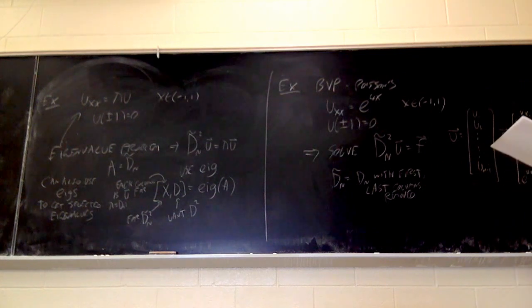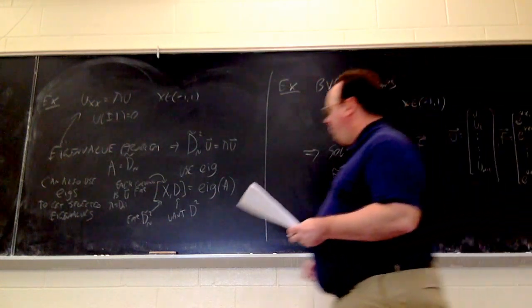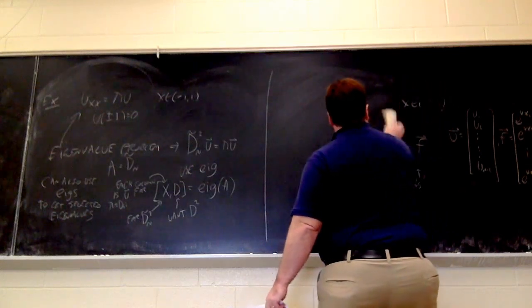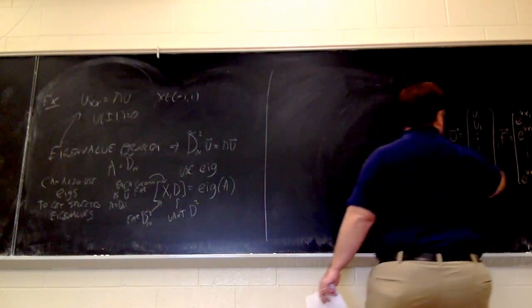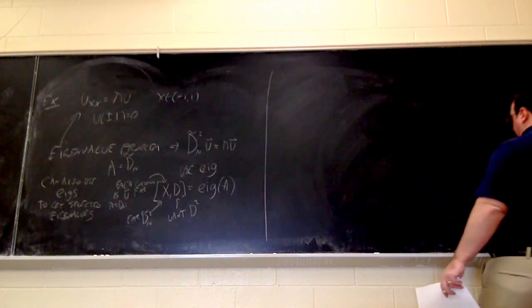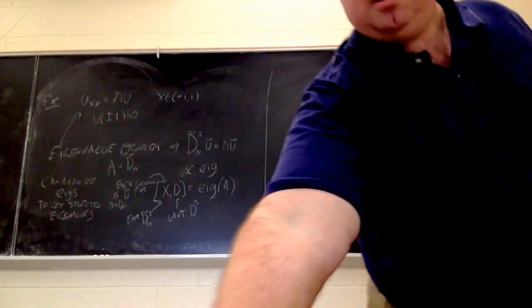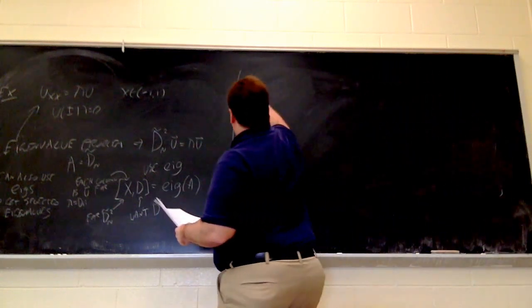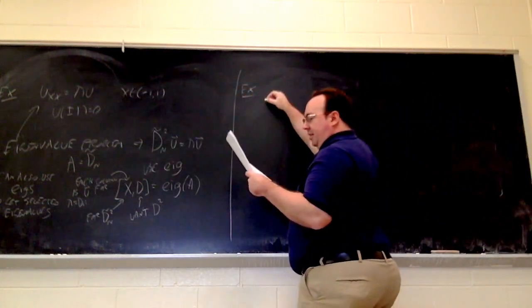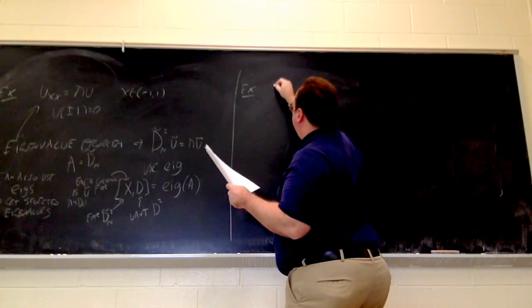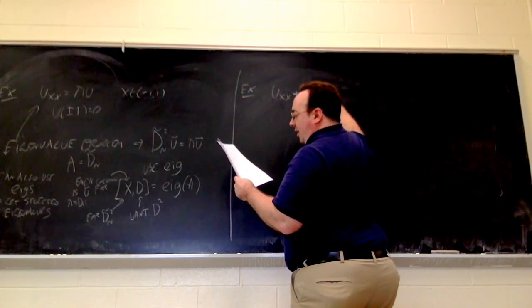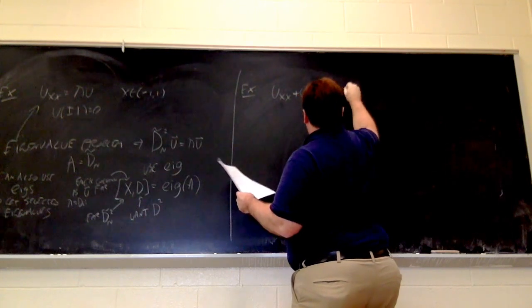Okay. Let's look at some 2D ones. All right, so now I have Poisson's equation on a rectangle: uxx plus uyy equal to some function f.